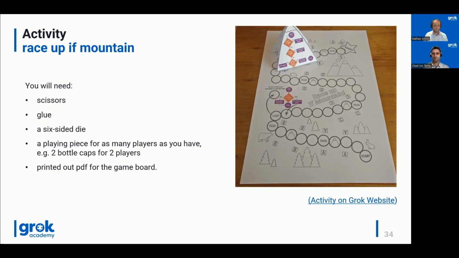I haven't put mountain A, B, C, D, and F on there just because I wanted you to see the whole board, what it looked like. But that's what it'd do when you cut out the templates, and you'd have your 6 mountains on there. We'll just go off to the website now and have a look at the activity.